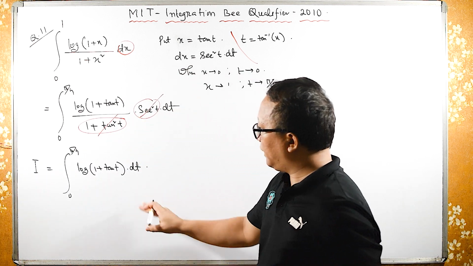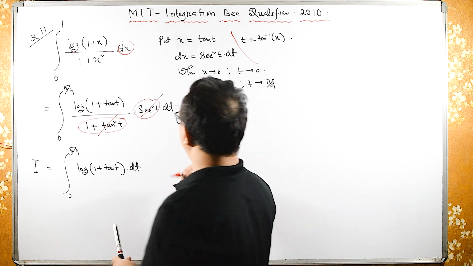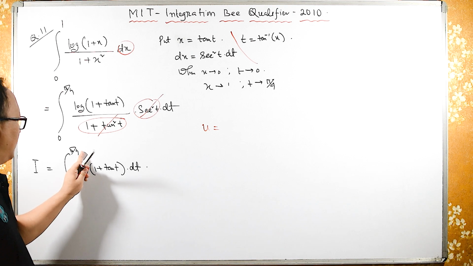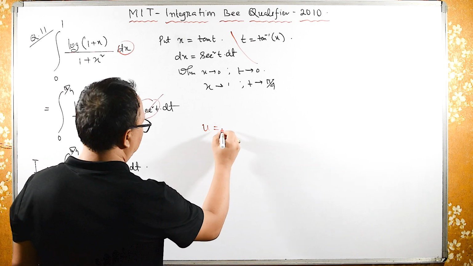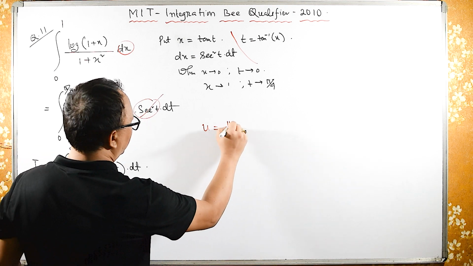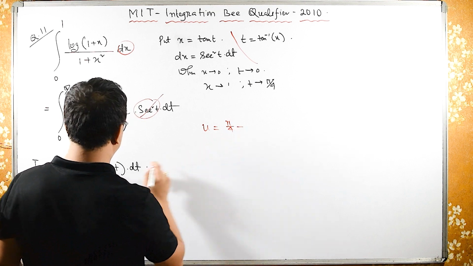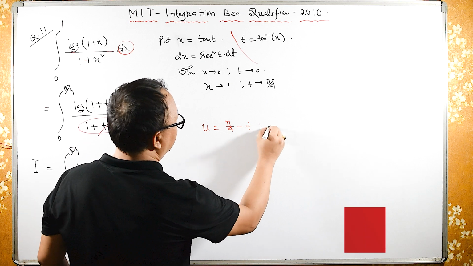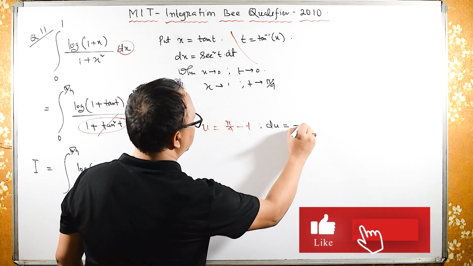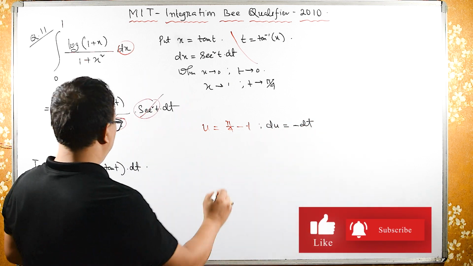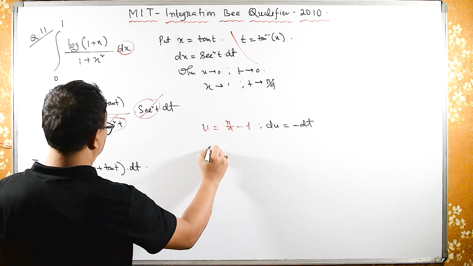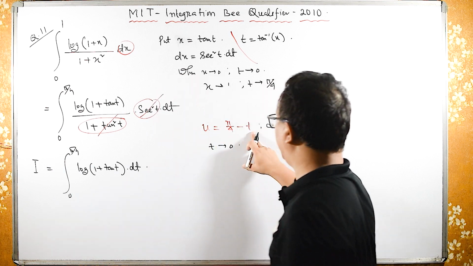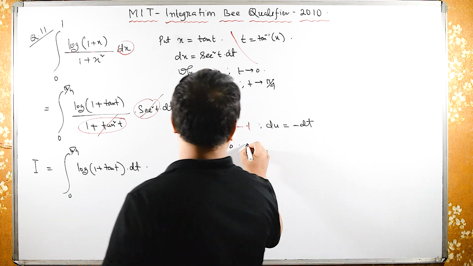Now again let's substitute the variable u equals 0 plus pi by 4 minus t. 0 plus pi by 4 is pi by 4 minus t. Then my du equals minus dt. And then what about limits? When t tends to 0, then u tends to pi by 4.